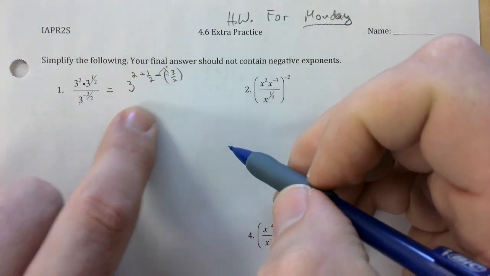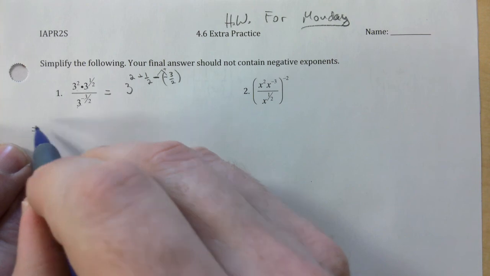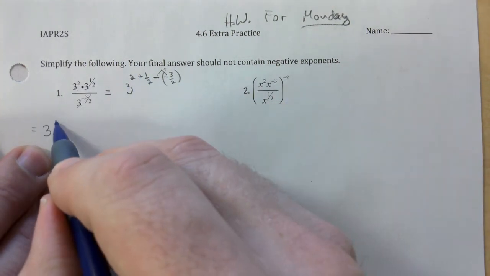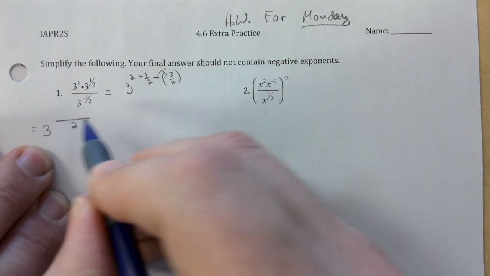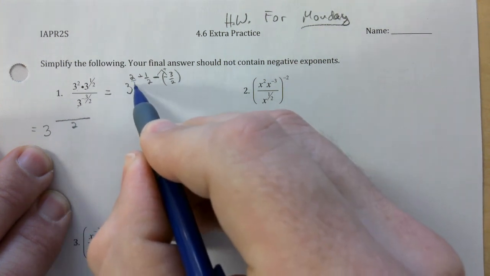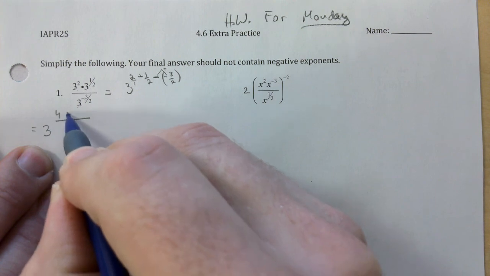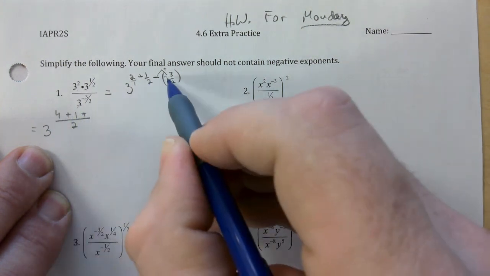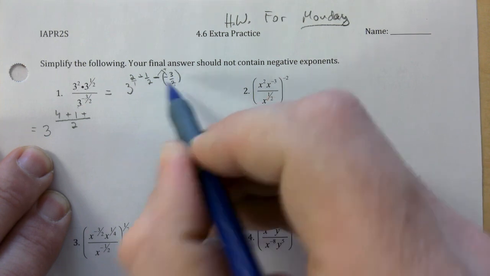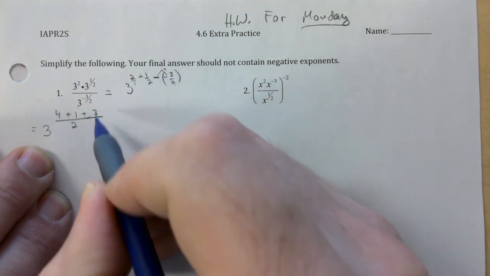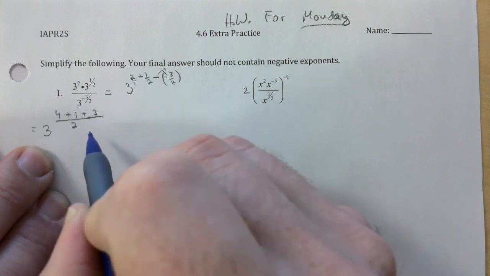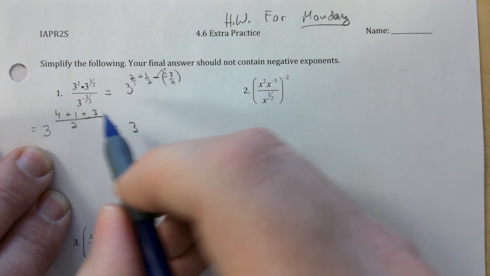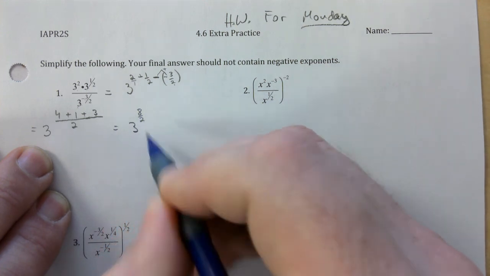A positive. So then you have 3, and so our common denominator is 2, right? So that would be 4 plus 1 plus 3, right? This is already out of 2. So that's basically what's happening in your exponents. You're adding halves. Okay, so that's 8 over 2.